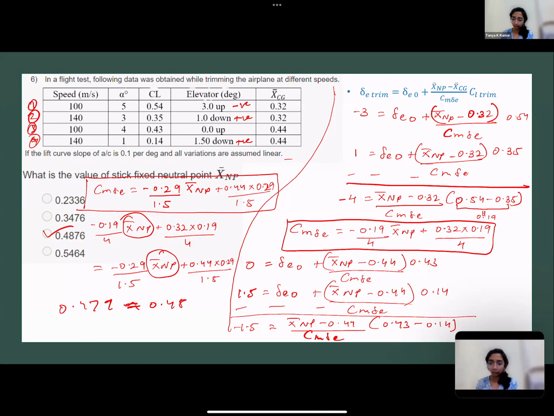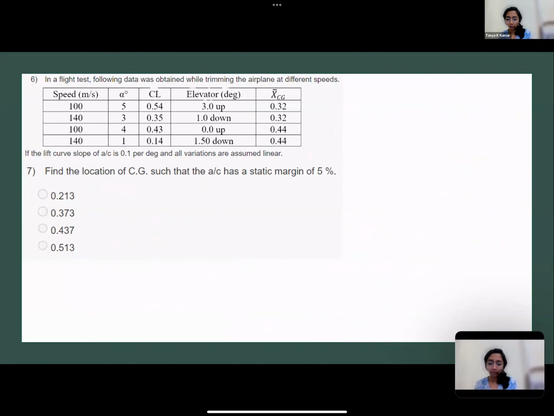Now, next question. Find the location of CG such that the aircraft has a static margin of 5%. Can you try doing this? Static margin. What is the static margin formula?